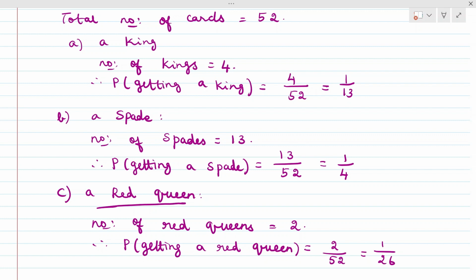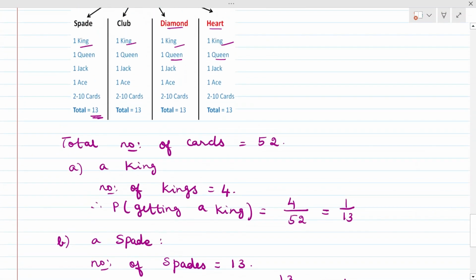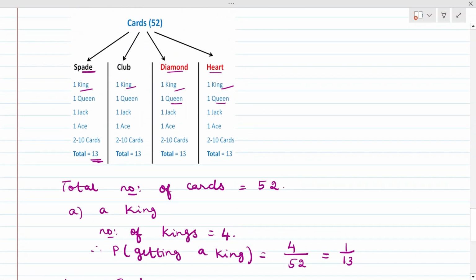Now the fourth subdivision, subdivision D. A black 8. Okay, again I'll show you in the figure. See, we have two black cards, spade and club, and we have two numbered cards here and here. So, 2 times 8 will appear. 1 8 will appear in spade and 1 8 will appear in club card also.